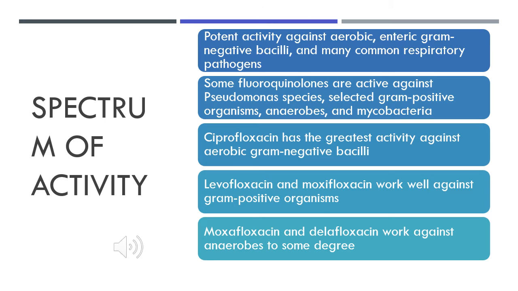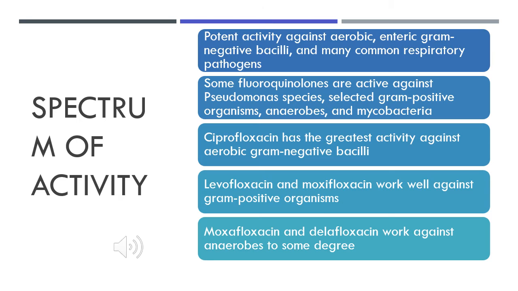And you should all know that this is why when somebody has community-acquired pneumonia, you're seeing them go on Levaquin, right? Some fluoroquinolones are active against Pseudomonas, selected gram-positive organisms, anaerobes, and mycobacteria. Now, again, we'll go through that in a little more detail.